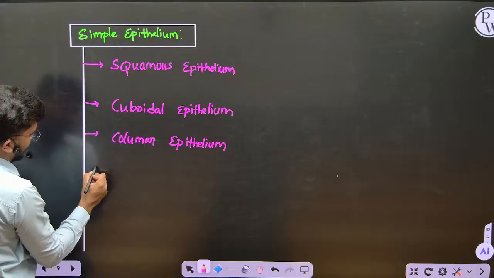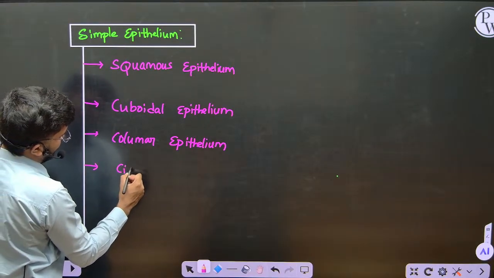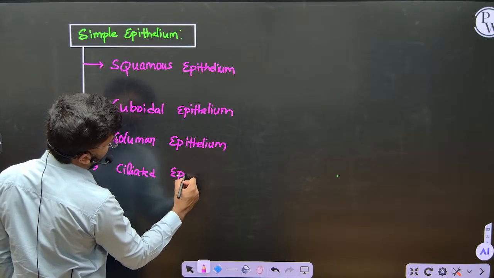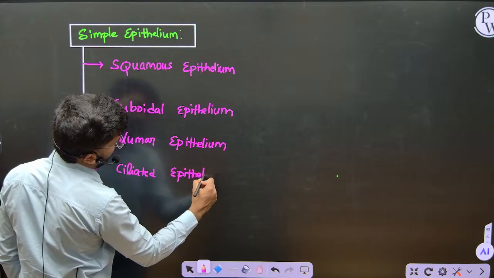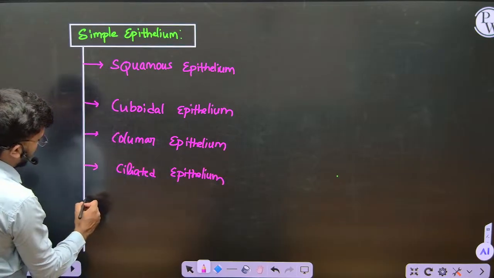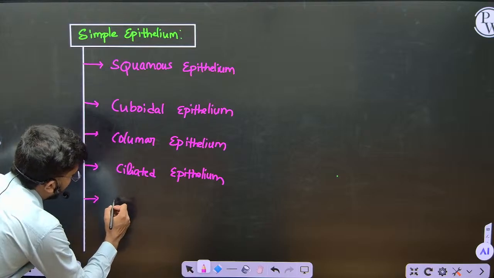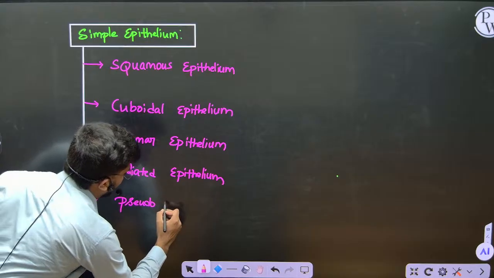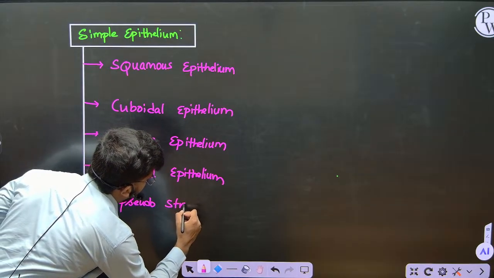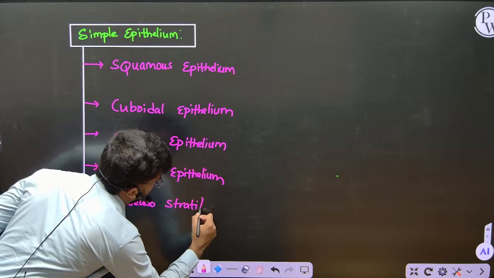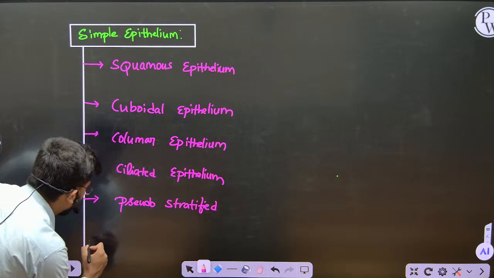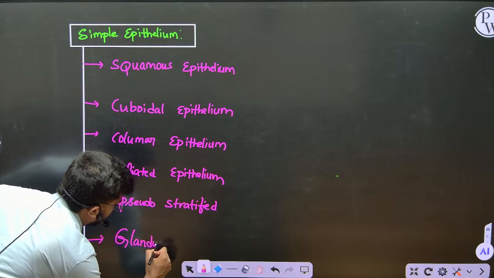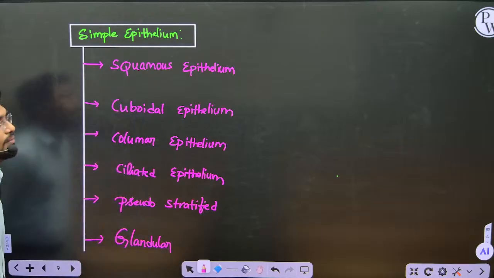Fourth one is ciliated epithelium. And fifth one is pseudostratified. Stratified epithelium. Last one is glandular epithelium. Are we clear with this?